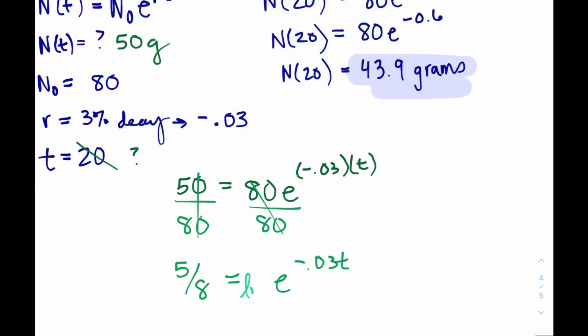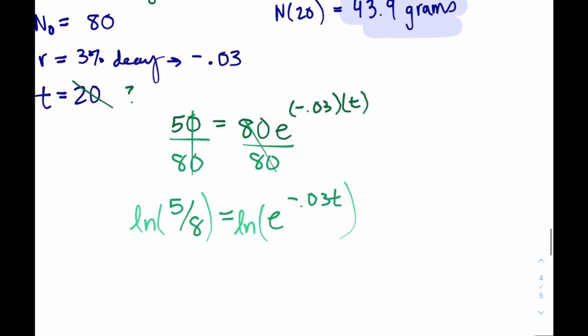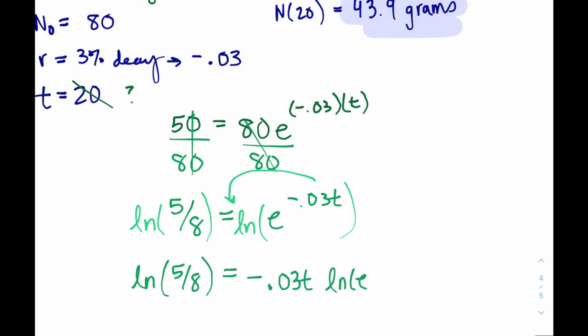Then I'm going to go ahead and take the natural log of both sides, because that sets me up to be able to use the power property and bring down my exponent. So now I've got natural log of 5/8 equals negative 0.03t natural log of e. Again, natural log of e equals 1. That's the whole reason we used natural log rather than log.